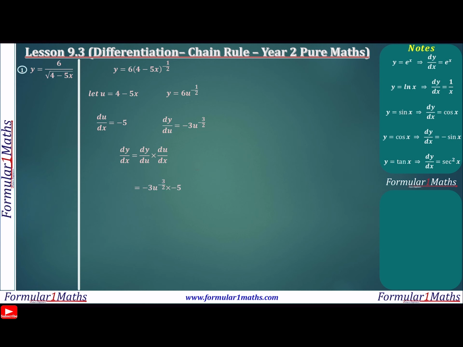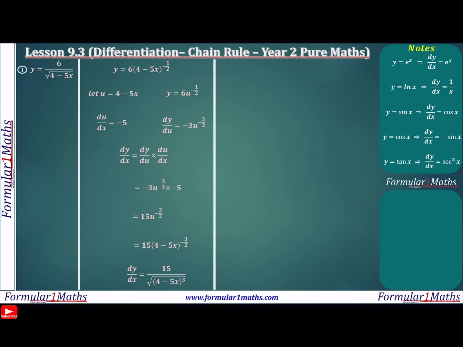So let's do the substitution, and I'll get that. Minus 3 times minus 5 is 15, so that will simplify to 15u to the power minus 3 over 2. But the value of u we know to be 4 minus 5x. So let's do the substitution, and I'll get that. I can write this one as a fraction as follows. So dy dx is equal to 15 over the square root of 4 minus 5x cubed.